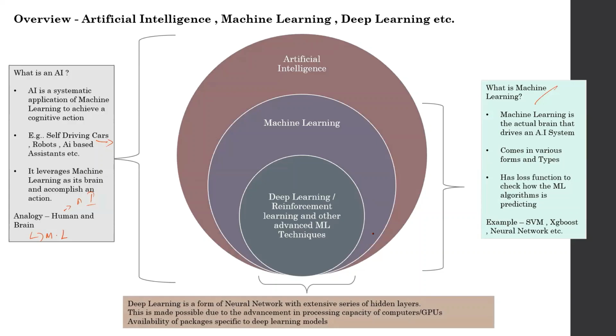For example, the neural network was invented as early as 1945, but the concept has come into play and been explored much more from 2015 onwards. That's because of the computational capacity we have and access to GPUs, etc. So these are the different terms we will mostly encounter when we talk about artificial intelligence.